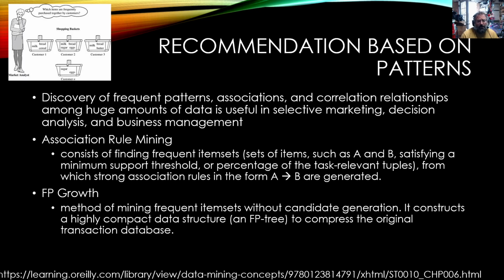It's looking for frequently occurring item sets, such as, in this case, A and B, satisfying some sort of minimal support threshold, which is basically a percentage of it's right more than it's not, so that it implies that if you're getting A, you probably want B. And then there's also this concept of frequent pattern growth, where you're looking for a way of determining the frequent item sets without necessarily generating candidates.